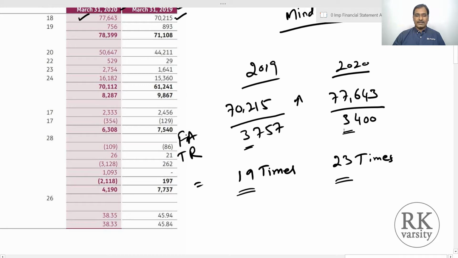The fixed asset ratio will tell you how effectively the company was able to utilize its fixed assets, that is property, plant and equipment, to generate revenues. The higher the ratio, the better it is. Let us take 23 times here: the company was able to generate 23 times of revenue for every 1 rupee investment in property, plant and equipment.